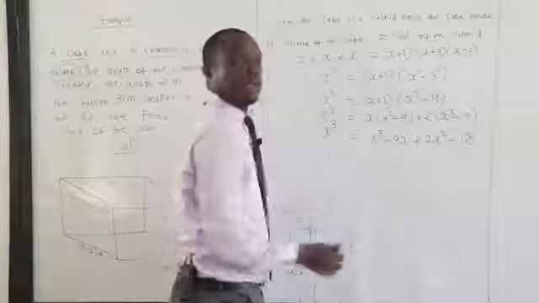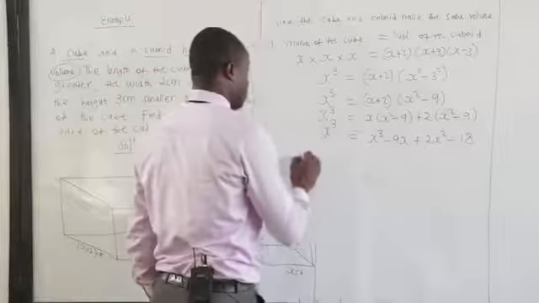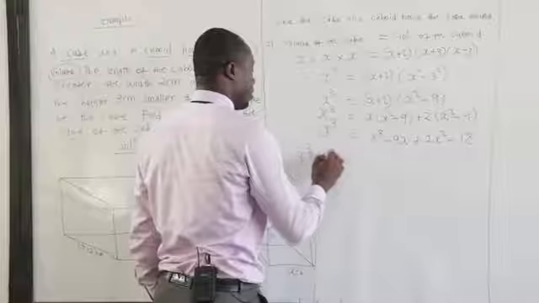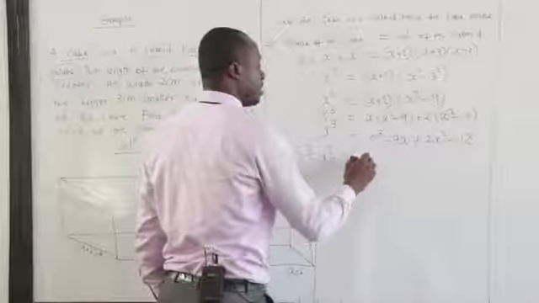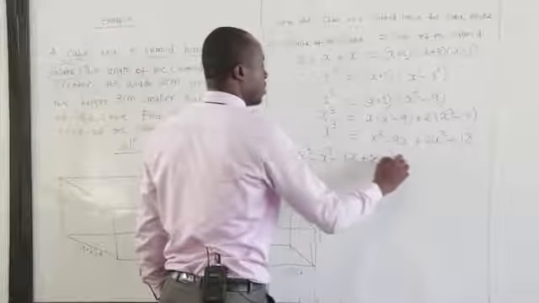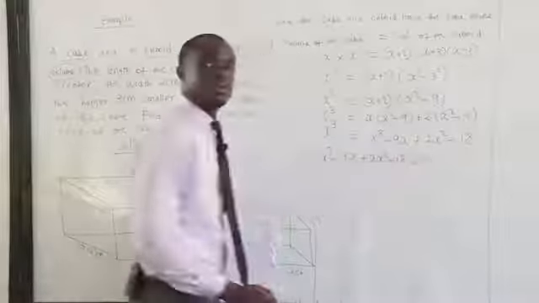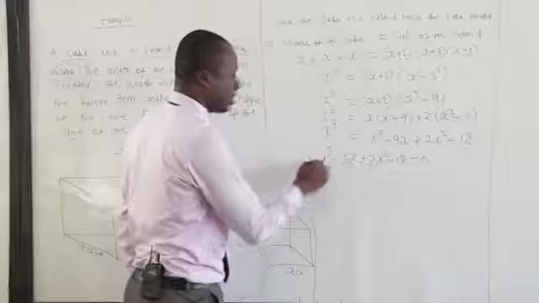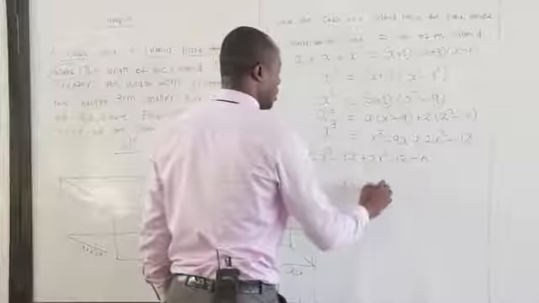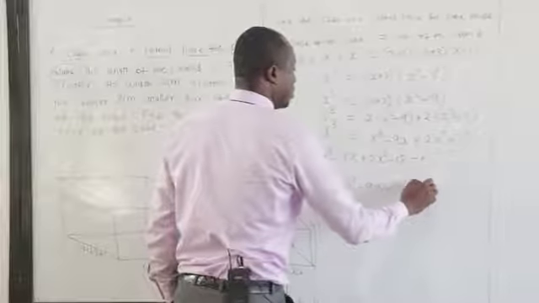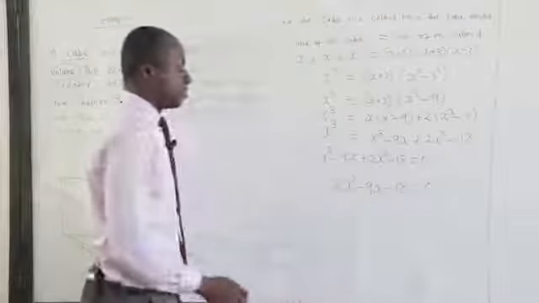Now this can go and then join this. So we have x to the power 3 minus x to the power 3 minus 9x plus 2x squared minus 18 equal to 0. Clearly x cubed and x cubed will cancel out. So we have 2x squared minus 9x minus 18 equal to 0.